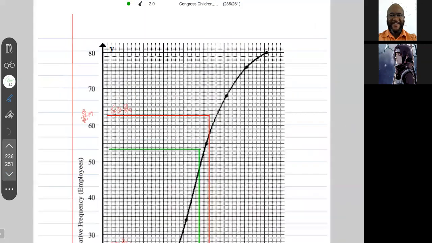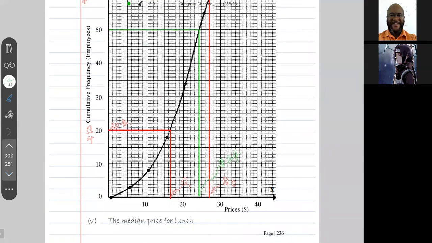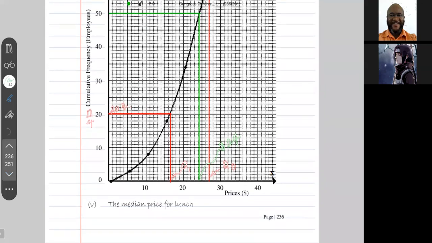Just looking quickly, I don't think that there are any more parts to the question. Oh, lastly, we're asked to find the median price. Now, the median would be the price the guy in the middle pays. That's where N over 2, N is 80, so N over 2 is 40. At 40, you go across, and where it hits the curve, you come down.